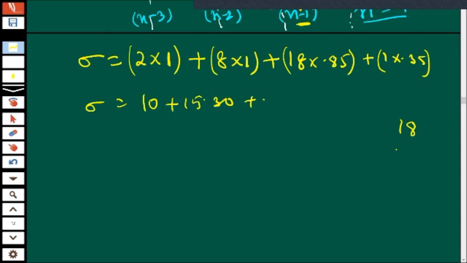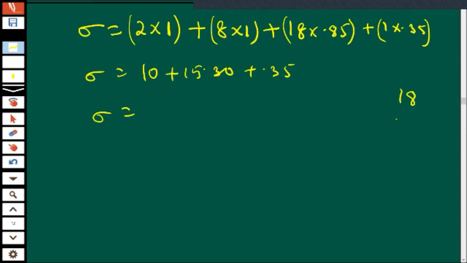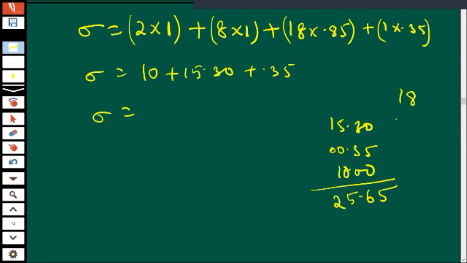Plus 0.35 and 10. So the sigma value becomes 25.65.